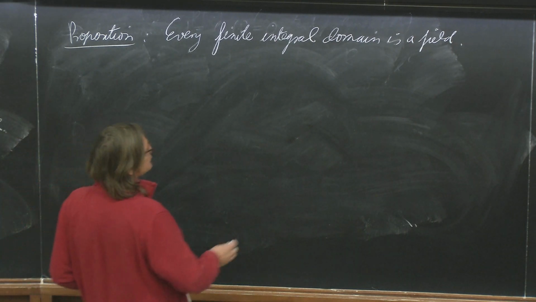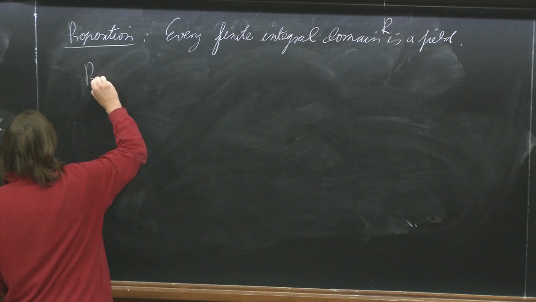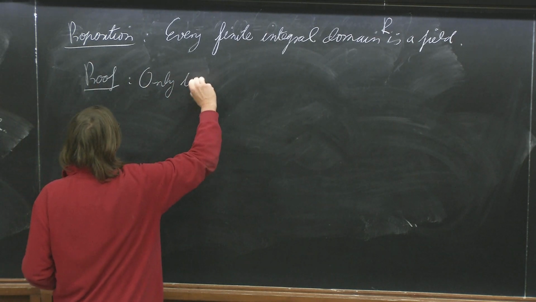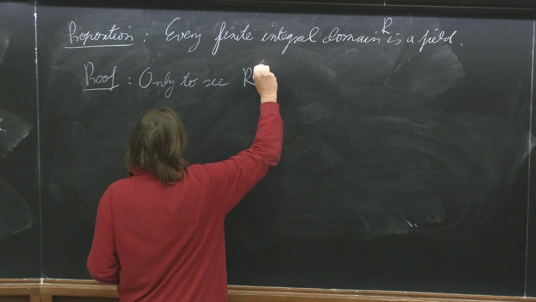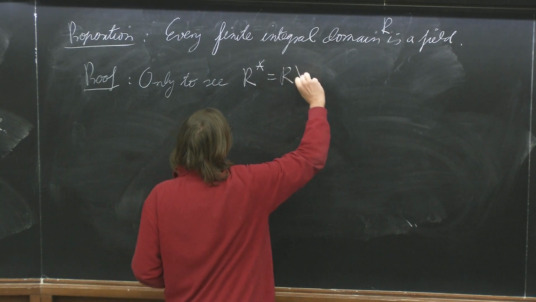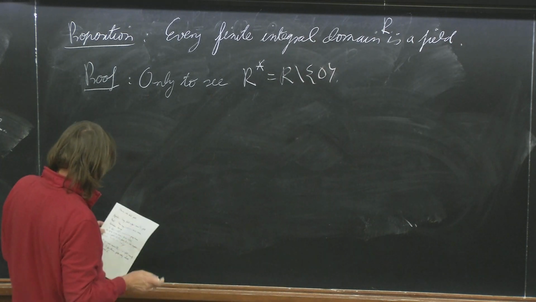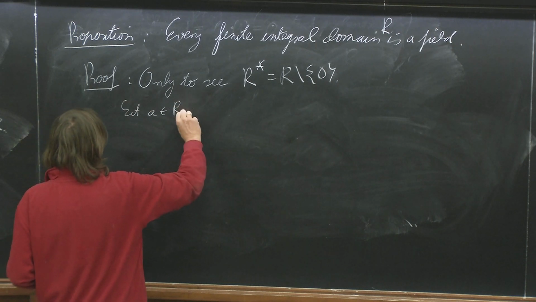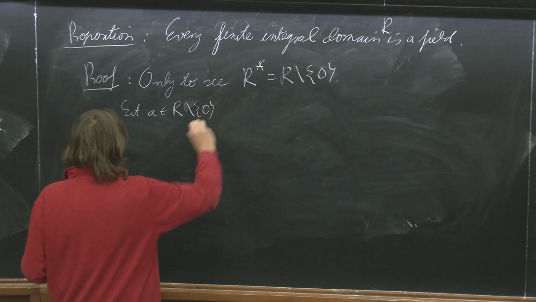So I call this integral domain R. Proof: R star is equal to R without 0. So let A be in R without 0. We have to find an inverse.